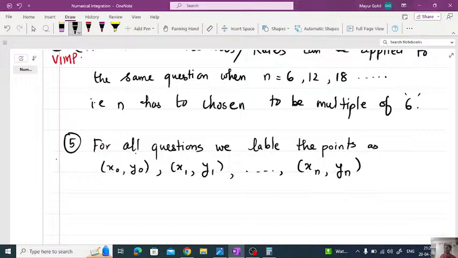This is very important. We always label in this manner. Now write down what is n.